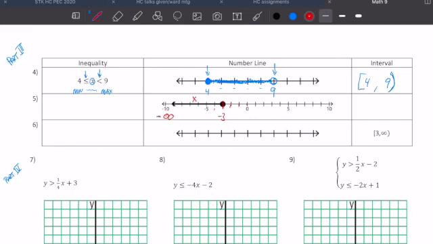Okay, so if we look at the inequality, we read it from x's perspective, saying that x is less than or equal to -3. Using the closed symbol, that means that it includes the -3.